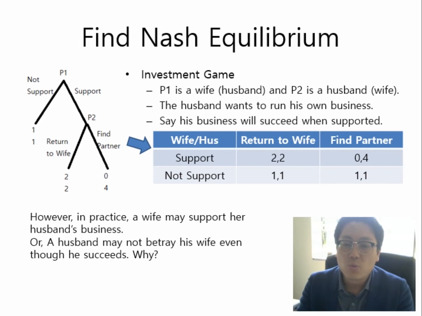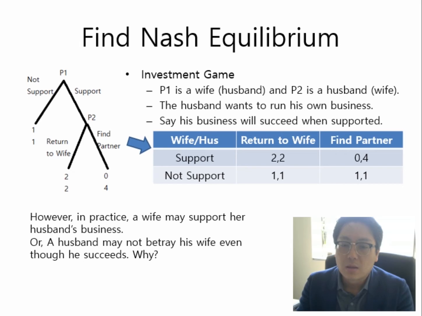When we are describing a game in an extensive form, it means there is some kind of information about orders. But if we just try to find a Nash equilibrium, we are not using that information.